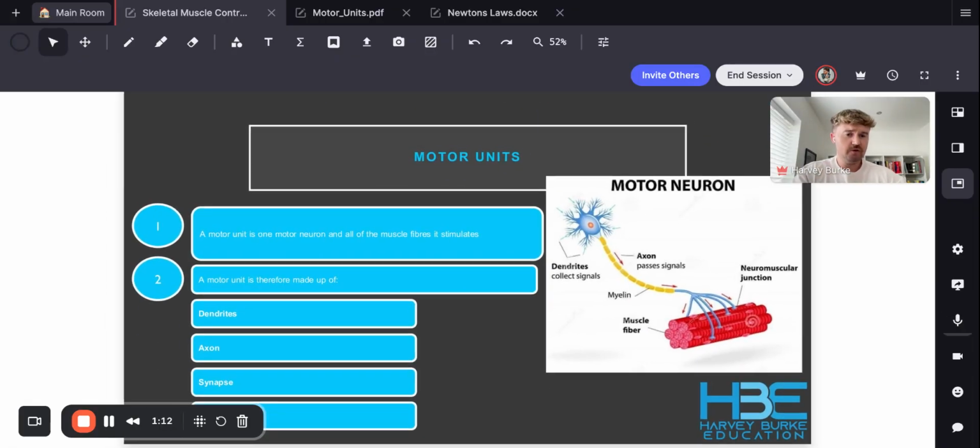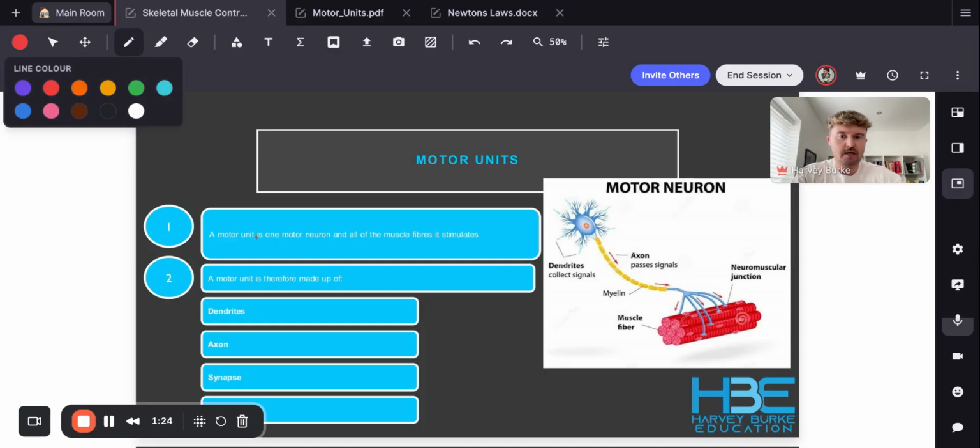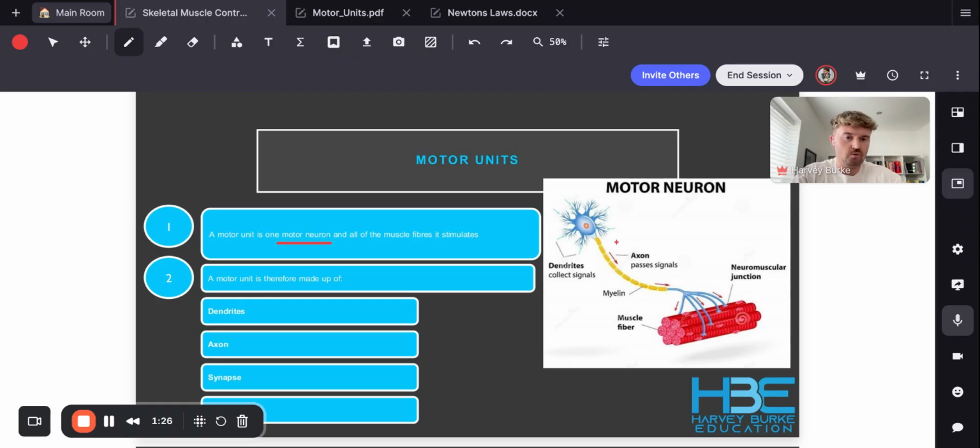The first thing both exam boards might examine you on is what is a motor unit. So you've got the term motor unit, but then you've also got the term motor neuron. They're slightly different things. A motor neuron is just this part of the diagram all the way up until the muscle fibers.